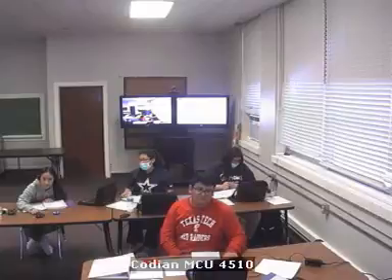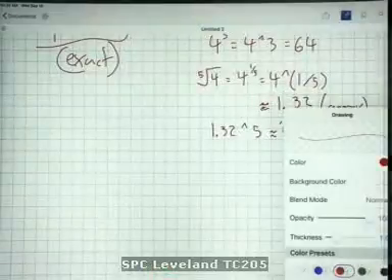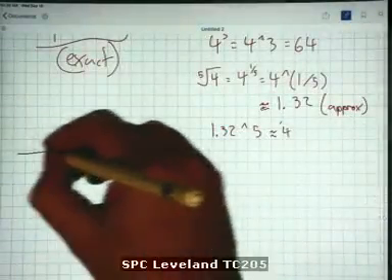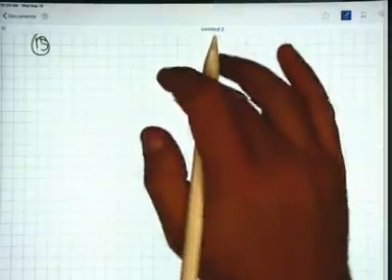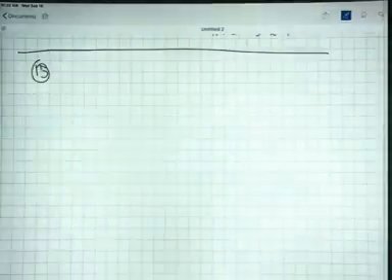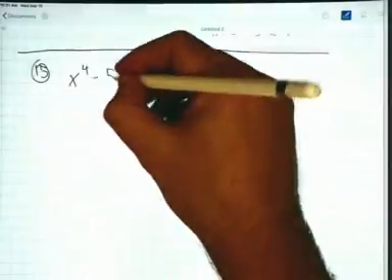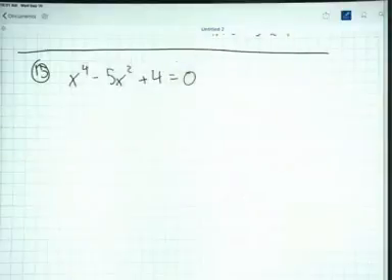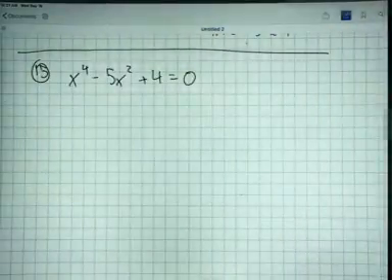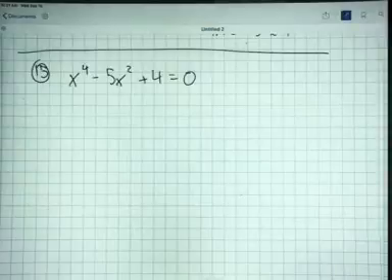Can you go over number 15? Alright, if this was on the exam, well, first of all, when you read this question, the directions say solve the quadratic type.